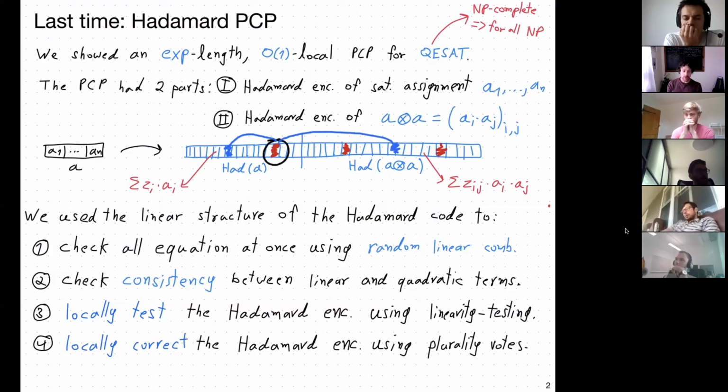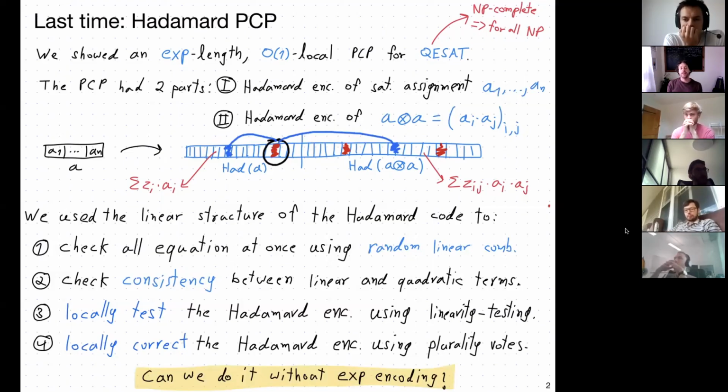What we'll do today is to ask, this is amazing that this can be done, but can we do it without adding an exponential amount of information? Because in some sense, when we're adding an exponential amount of information, maybe we can think it's a bit cheating. We think about polynomial time machines, and it doesn't feel as natural as maintaining the polynomial length proofs that we have in the setting of NP.